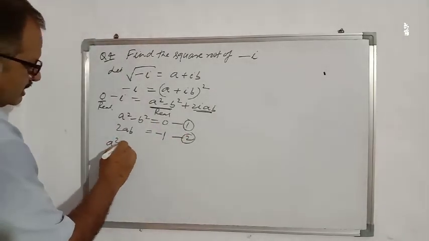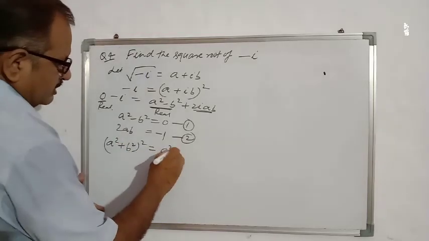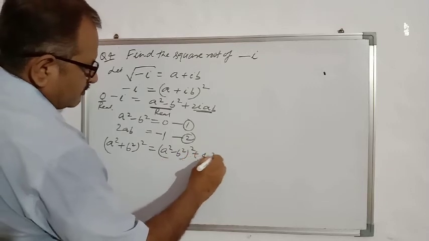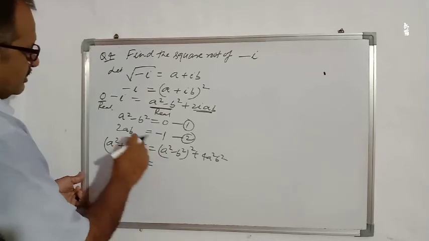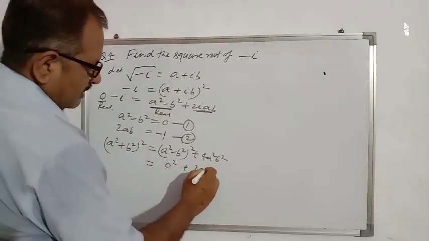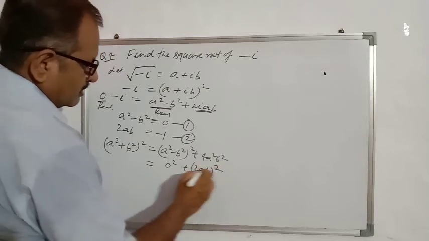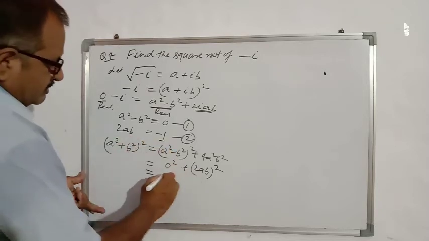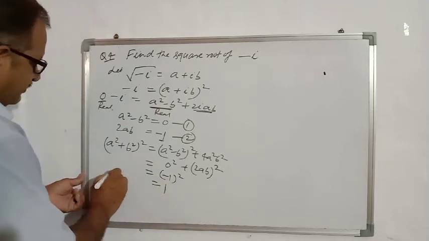Use the relation (a square plus b square) whole square is equal to (a square minus b square) whole square plus 4a square b square. A square minus b square is 0. 4a square b square we can write as (2ab) whole square. The 2ab value is given as minus 1. Minus 1 whole square is 1.